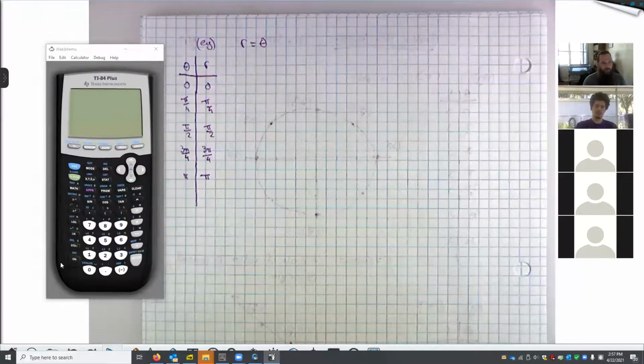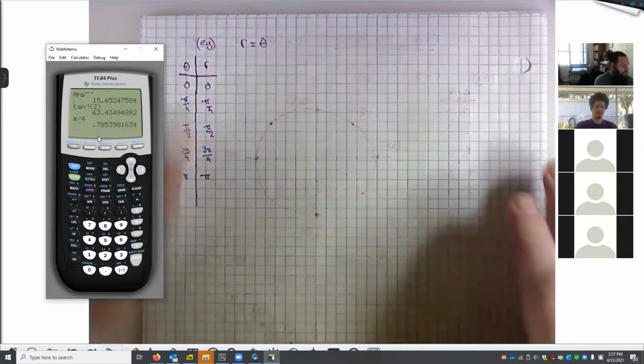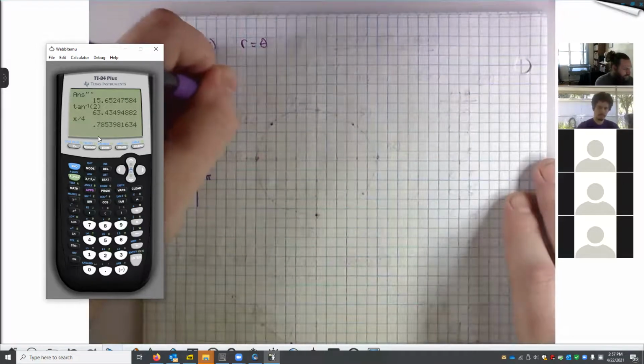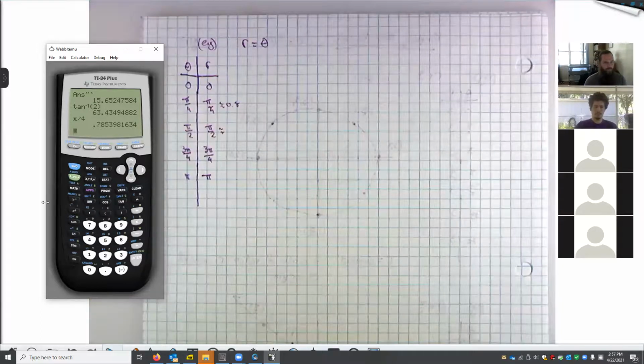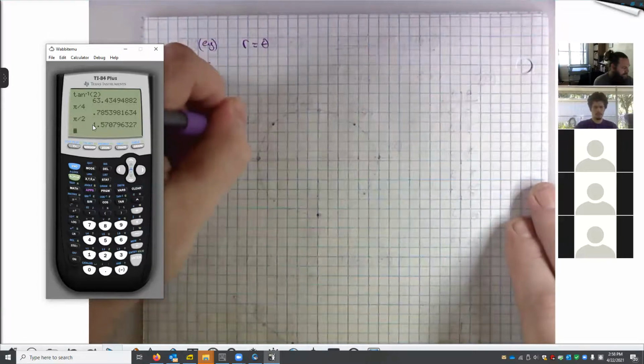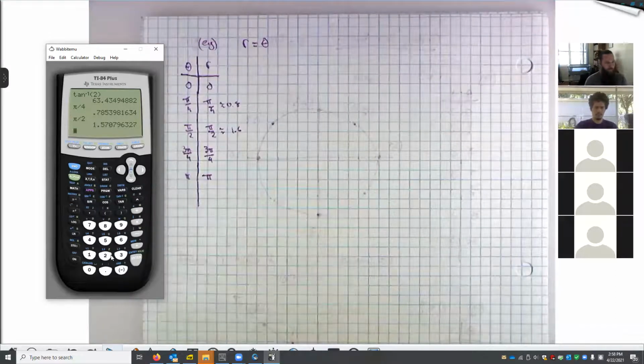To help us out, let me get a feel for the size of pi/4, pi/2, and so on as decimals. Pi/4 is a little smaller than 1, call it 0.8. Pi/2 is about 1.6. 3pi/4 is about 2.4.